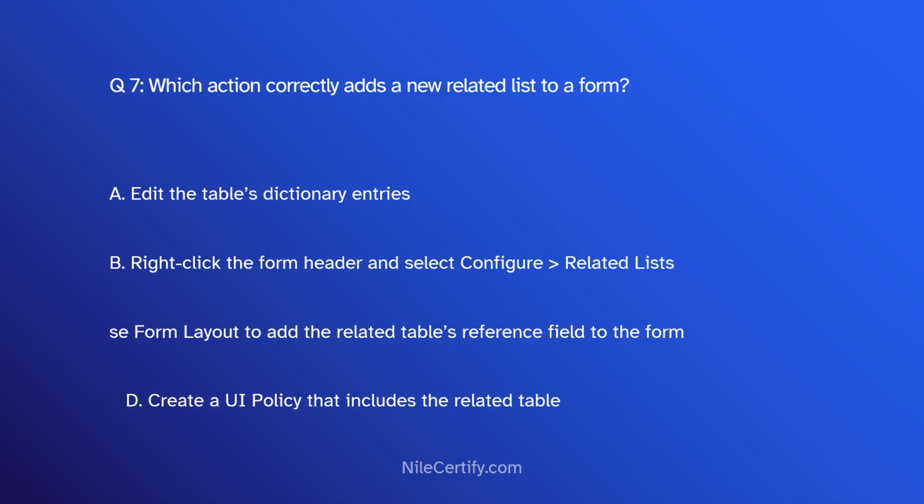You can add or remove fields in the main body of the form, but adding a reference field from another table to the form is not the same as adding a related list. A related list is a list of child or related records, not a single reference field. So while form layout is a real tool and very relevant to forms, it does not answer the question. And option C is incorrect.